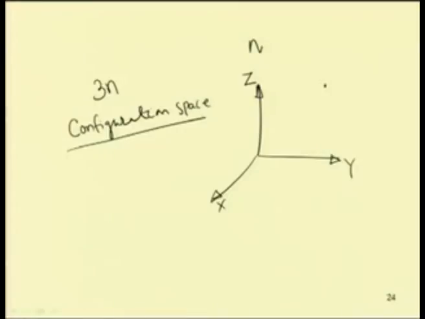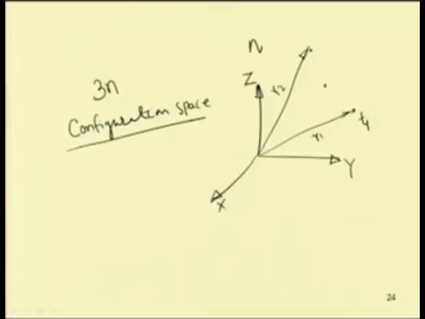Let a particle move from this position to this position. At time t equal to t1 it is at this position, and this position vector can be written as r1. Similarly, at this position the position vector can be written as r2.